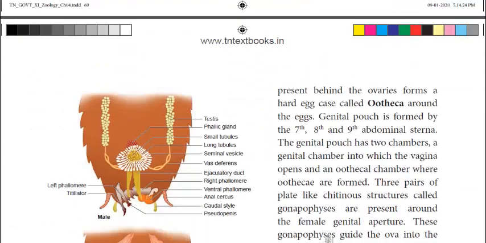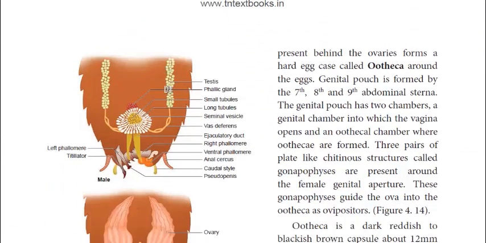Okay, you can see here the testes, many lobes of testes. You can see the vas deferens, and here the seminal vesicle is seen. You can see the phallic glands and small, long tubes where the sperms are stored.